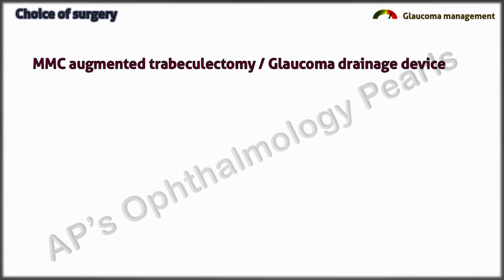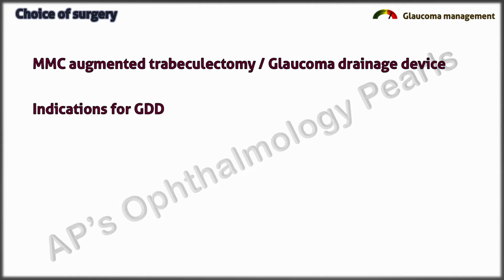The choice of surgery is between an MMC augmented trabeculectomy and a glaucoma drainage device. An MMC augmented trabeculectomy is preferred to plain trabeculectomy in this patient as the number of glaucoma medications and duration of topical treatment is high, thus predisposing the patient to the risk of external bleb scarring if MMC is not used. By the way, MMC is more effective than 5-fluorouracil.